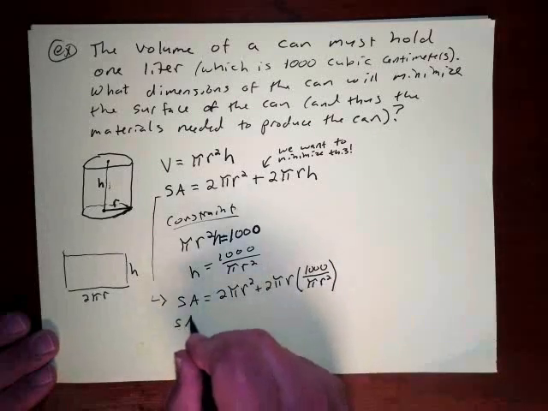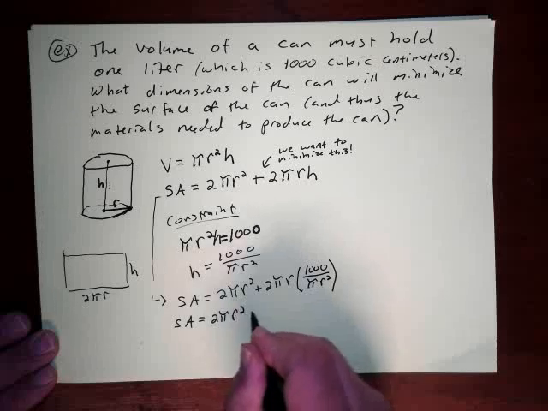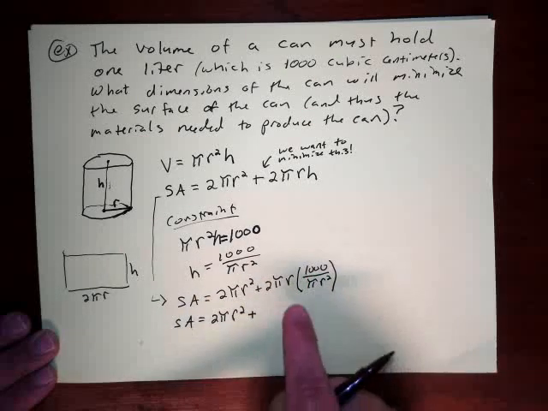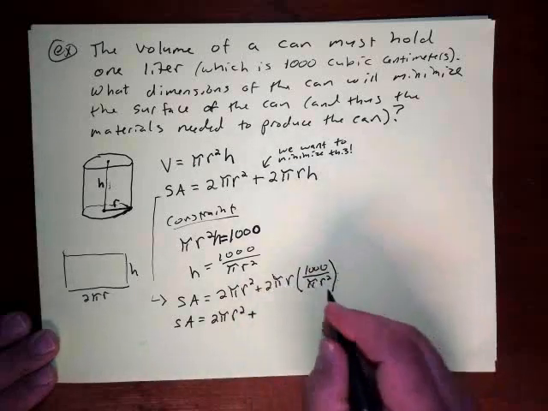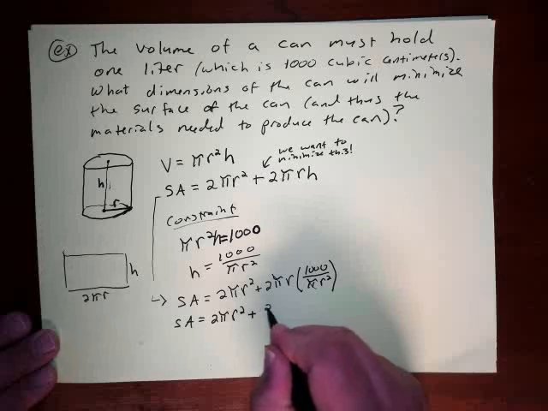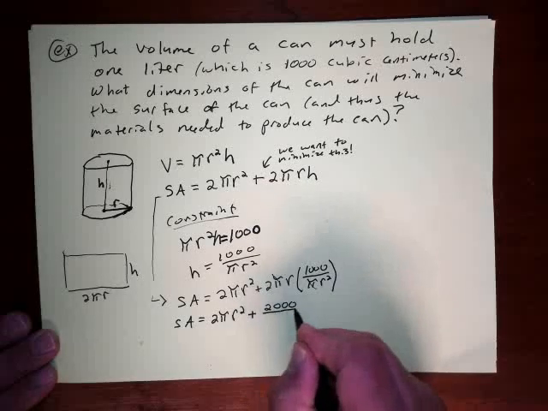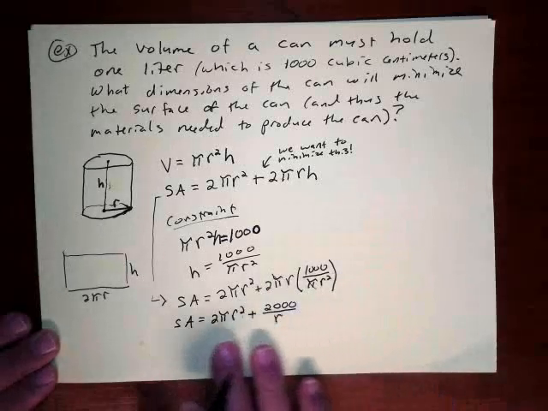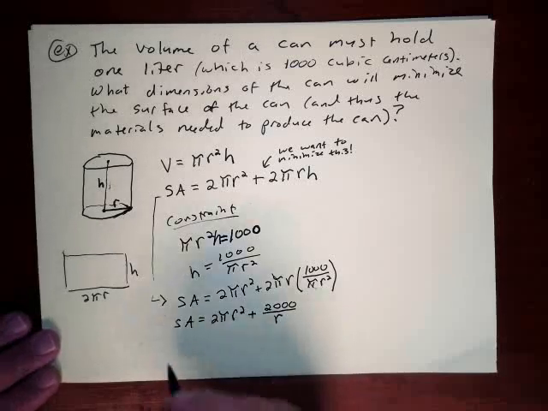So my surface area is equal to 2 pi r squared plus, now the 2 times 1,000 gives me 2,000, and then the pi's are going to cancel out, and one of the r's is going to cancel out. So I'm just left with 2,000 over r. Okay, that's not too bad. We can take the derivative of this, so let's do that.